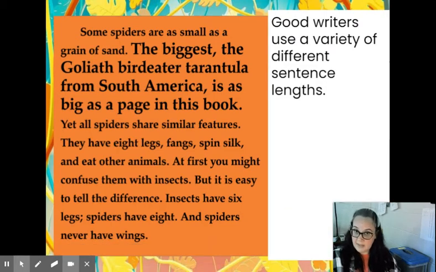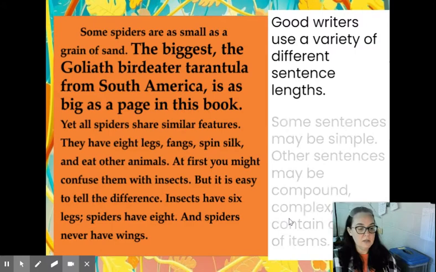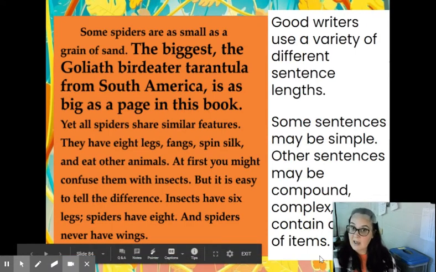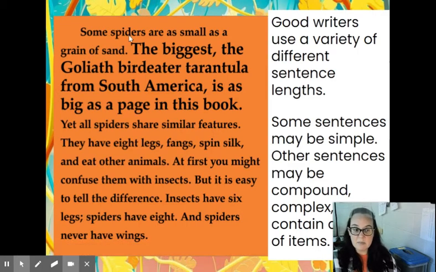Good writers use a variety of different sentences to hook their readers. Some are short, some are long, some are compound, some are complex, and some contain items in a series. This first sentence here, some spiders are as small as a grain of sand, is a simple sentence.